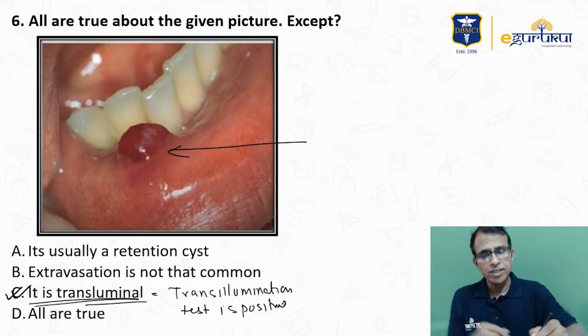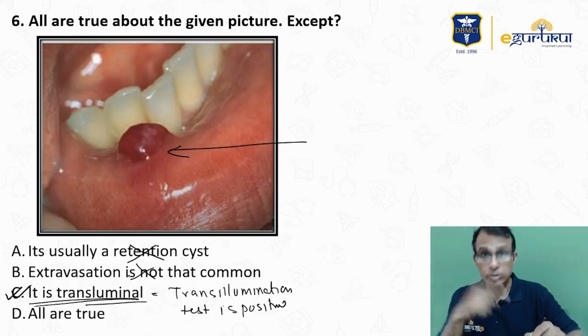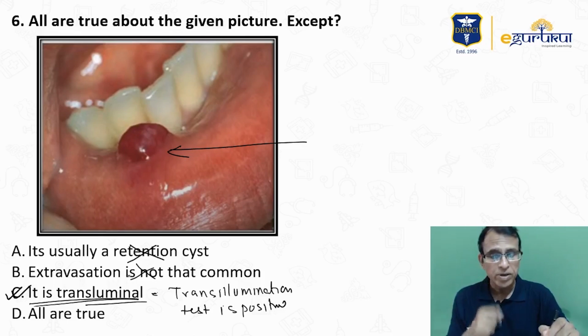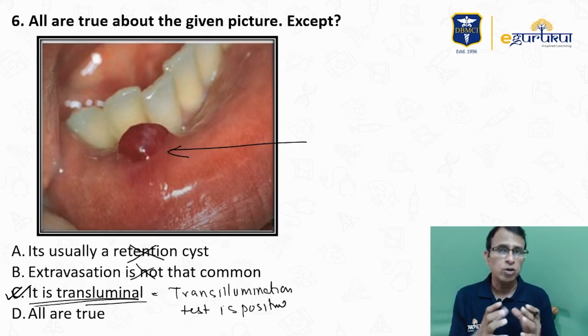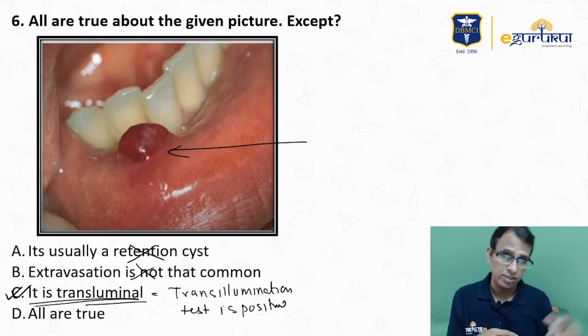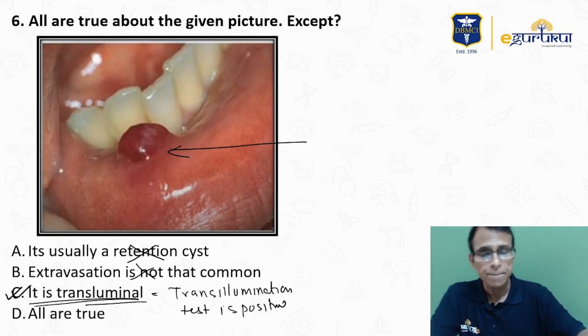It says extravasation is not common, but it is actually common, as I said. Because it's filled with almost transparent fluid like saliva, if you pass light from one side, the light will cross through and shine on the other side. The other side gets illuminated, so the transillumination test is positive.